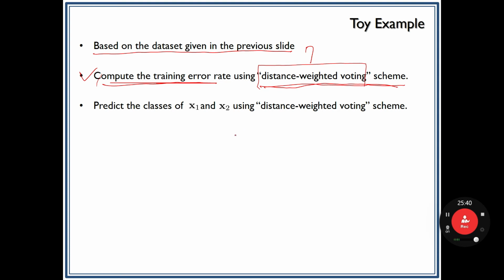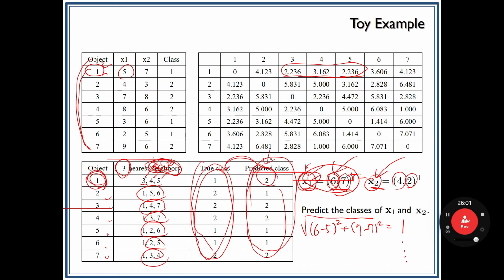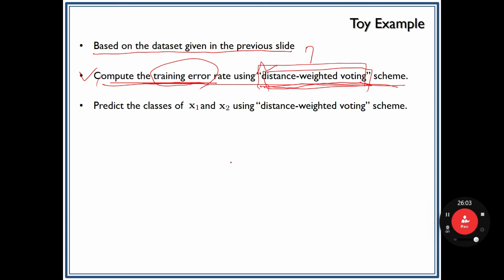Do this by yourself. I'm pretty sure that you know this distance weighted voting scheme. So using the distance weighted voting scheme, please find the training error, which means that you have to make the predicted class column, then make the confusion matrix, and then compute the training error.